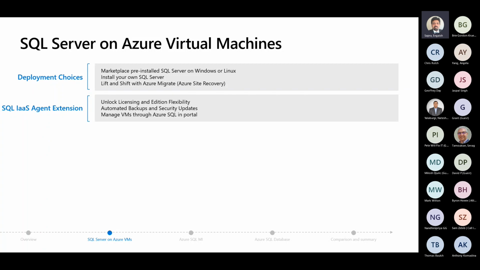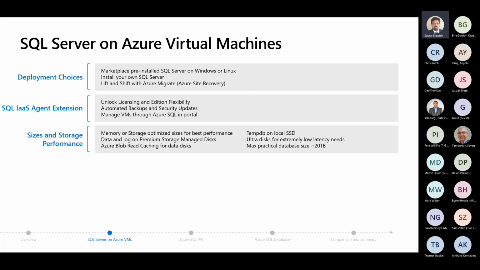Now, another advantage of SQL Server on VM is size and storage performance. Like we said, you can easily scale up or scale down, and you can avail a lot of those cloud elasticity features available in Azure.